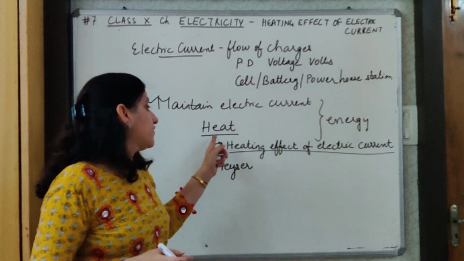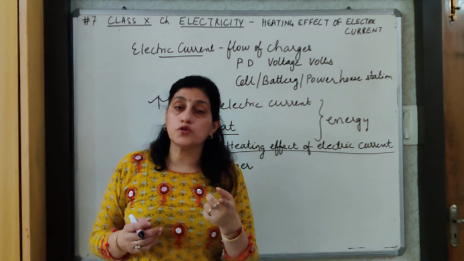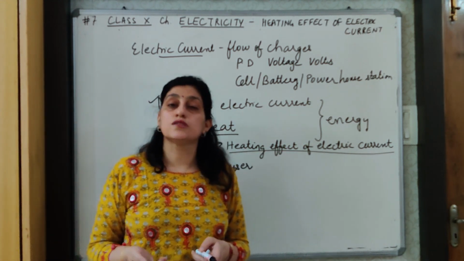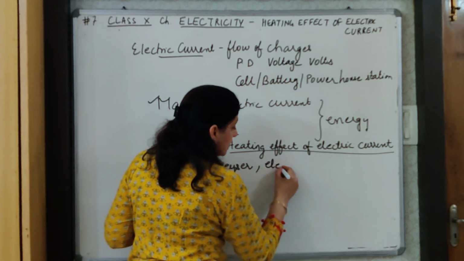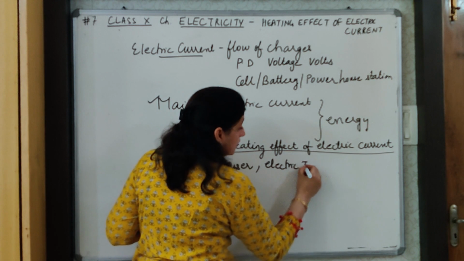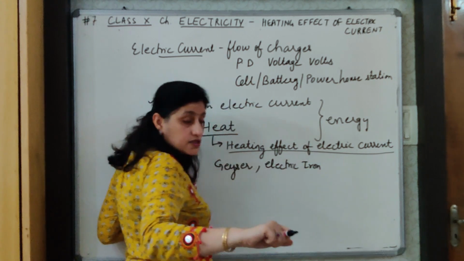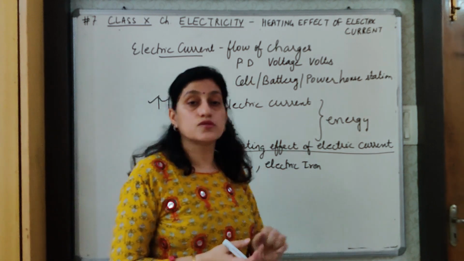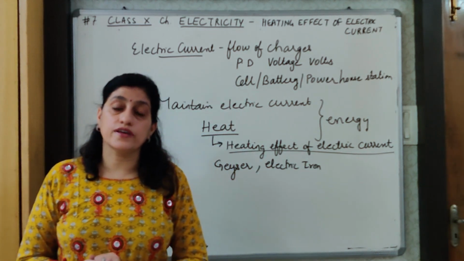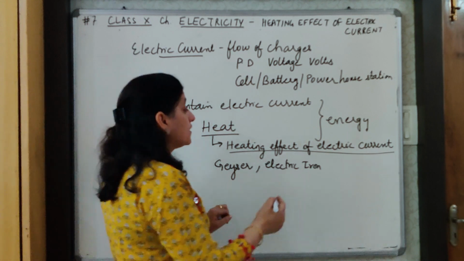So this heating effect of electric current has been put to use in geysers, which helps in the heating of the water. Then we have the electric iron, the press. The electric iron also irons the clothes because it gets heated up. So here also we are using the heating effect of electric current. Then the electric bulb.